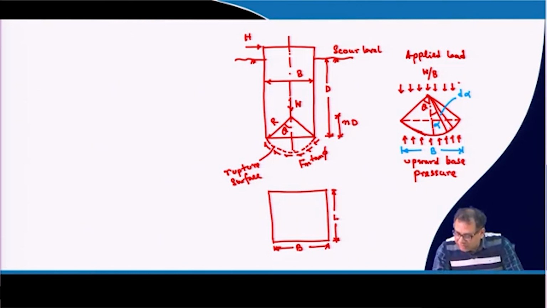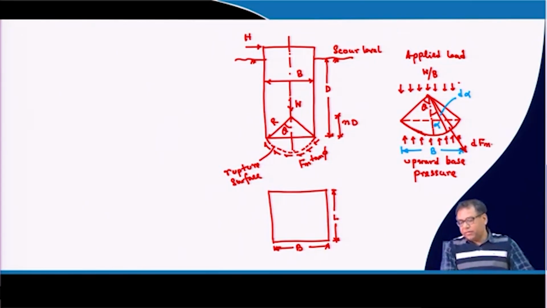So, that force for this particular small segment is dFn, which is basically perpendicular to that rupture surface. So, these are the forces acting on this small segment.